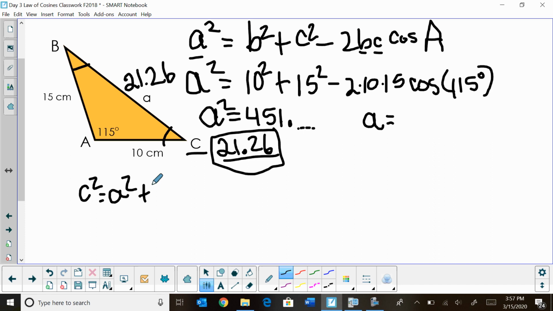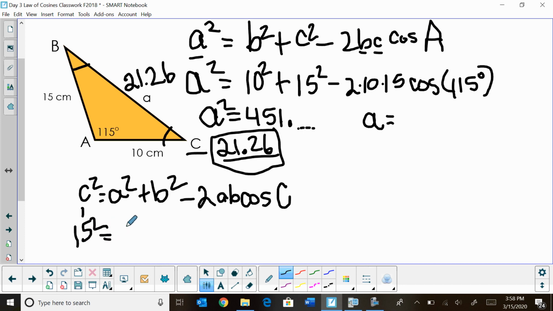And once you write these a few times, they get easier. Minus 2AB cosine of angle C. And now let's plug in. C is 15, so 15 squared is going to be 225. A is 21.26.